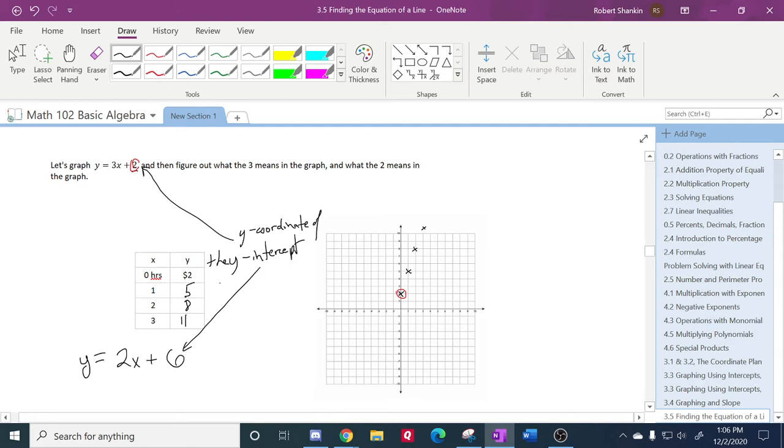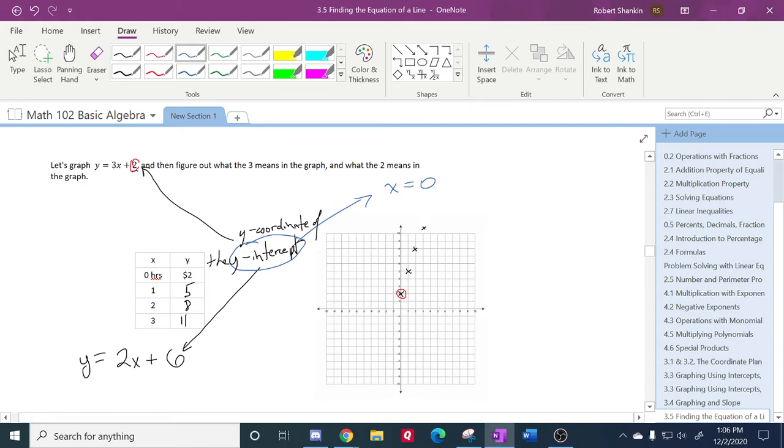Now, why does the y-coordinate of the y-intercept always show up here? Well, remember, and I had this in the practice quiz last time, what's true about every y-intercept? Its x-coordinate is 0. For a y-intercept, x is 0. It means you don't go right, you don't go left, you just stay on the y-axis.